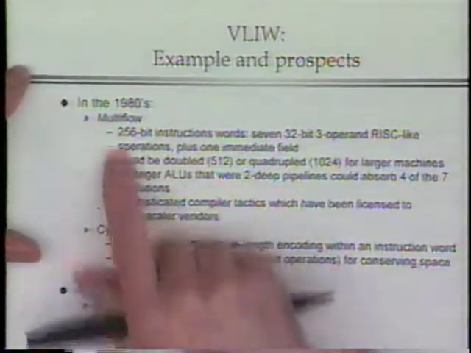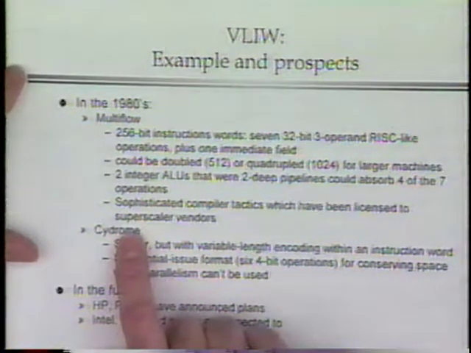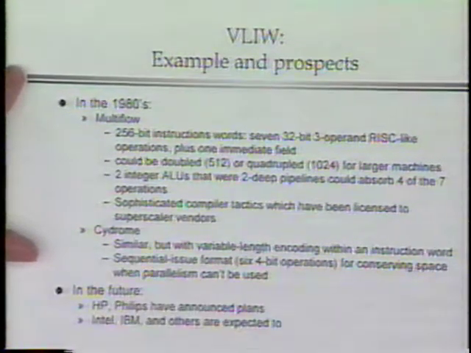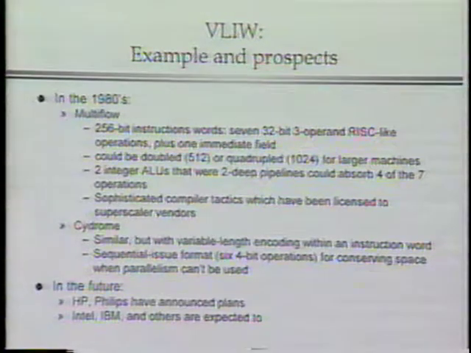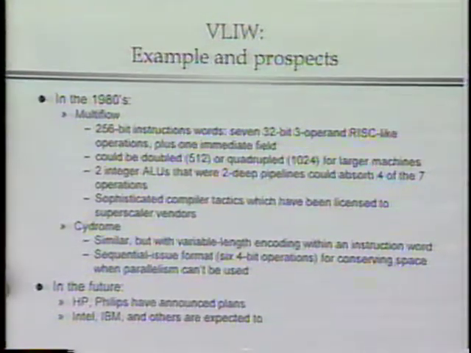In some sense, VLIW machines were around in the early days because they were the microprogrammed machines. They were the inner computers that executed the instructions for the outer computer, and they were typically wide word machines. In the 1980s, people started building VLIW machines where the VLIW instruction was the only one that was exposed, and in fact was a more classic VLIW machine of the kind I've been describing.